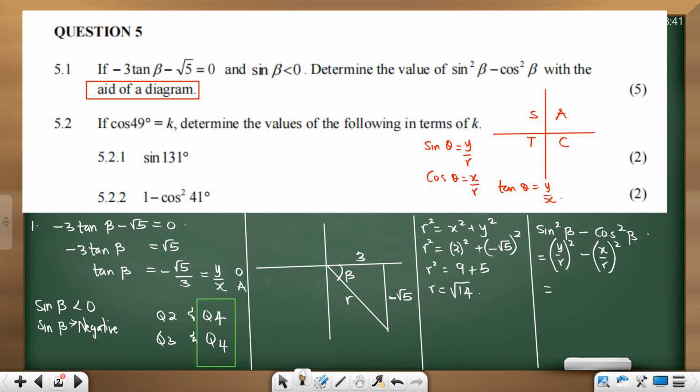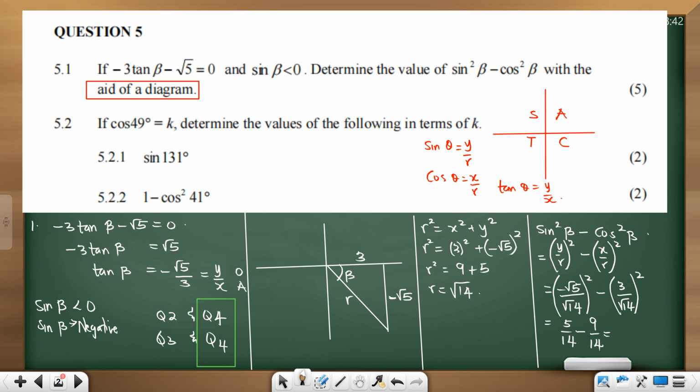Okay, what is my y? My y is negative root 5. Please, you need to put the signs. Over root of 14, minus, what is our x? 3 over what? Root of 14, squared. This would give you 5 over 14 minus 9 over 14.